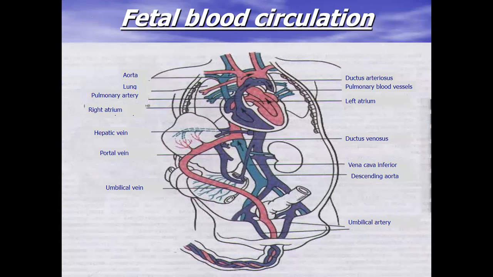Throughout the fetal stage of development, maternal blood supplies the fetus with oxygen and nutrients and carries away carbon dioxide through the placental blood circulation. The umbilical vein runs to the hilum of the liver and divides into two branches.